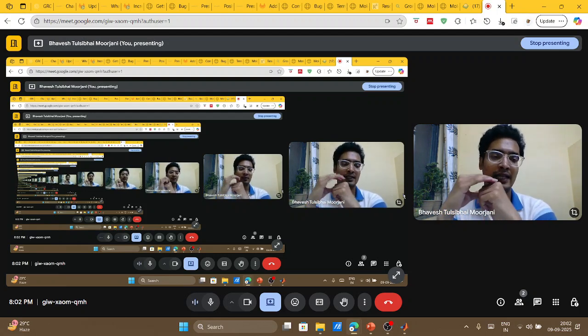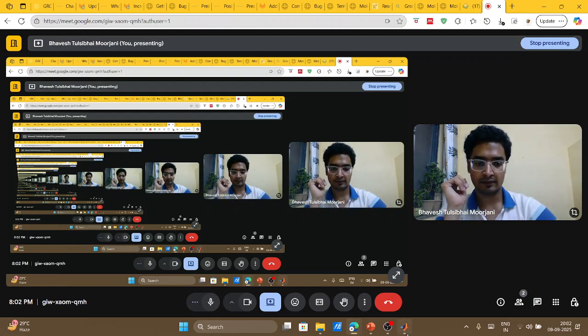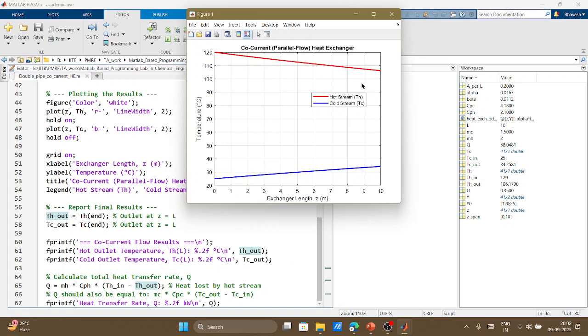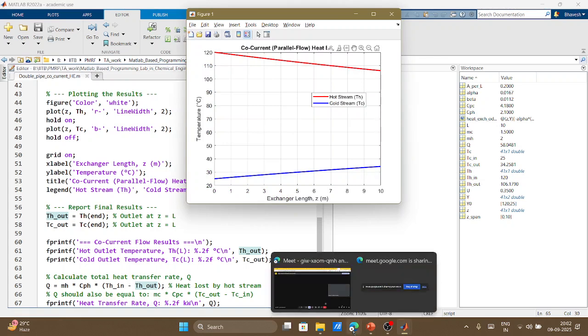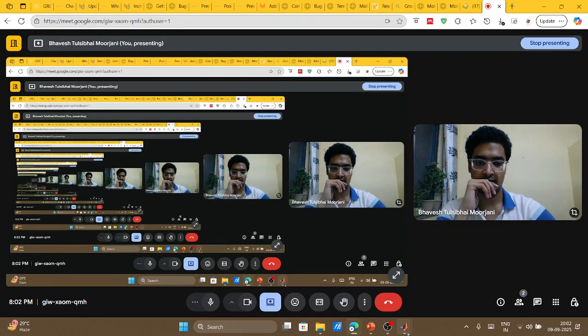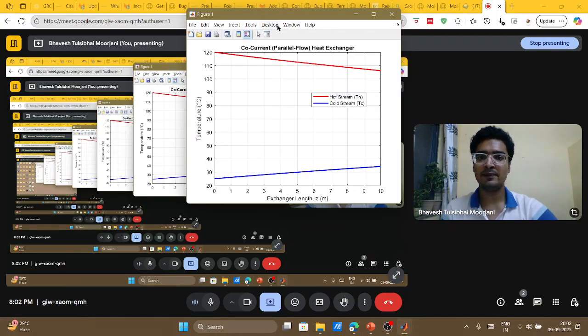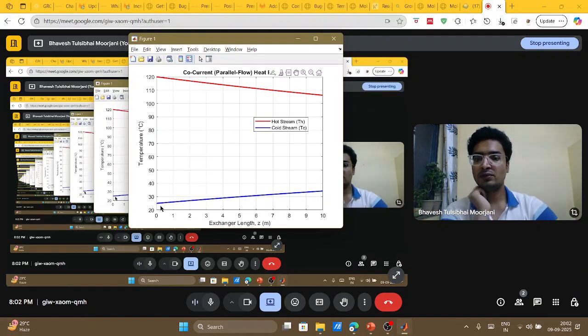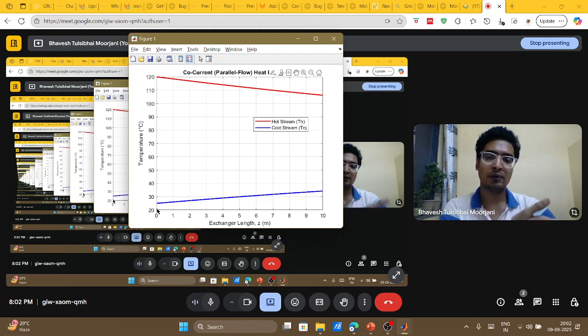Here, you know both the values of the cold and hot streams at Z equal to 0, which is needed for our ODE45 solver.